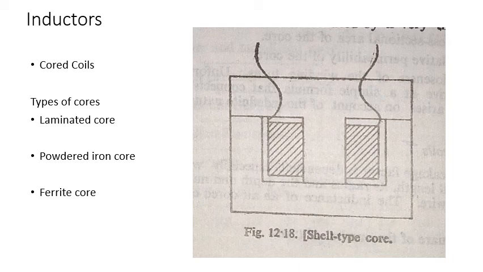Now the types of cores used for the core coils. In order to minimize losses while maintaining high flux density, the core can be made of laminated sheets insulated from each other, or insulated powdered iron granules and ferrite materials can be used. The first type of core is the laminated core, shown in the figure.